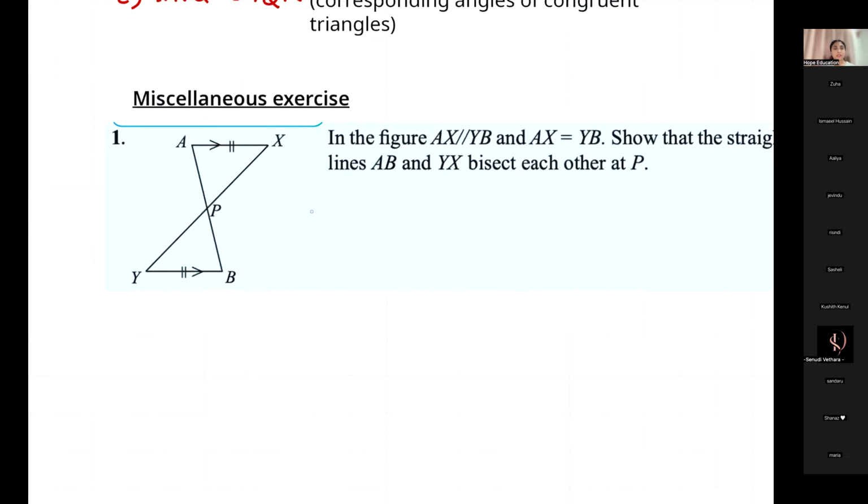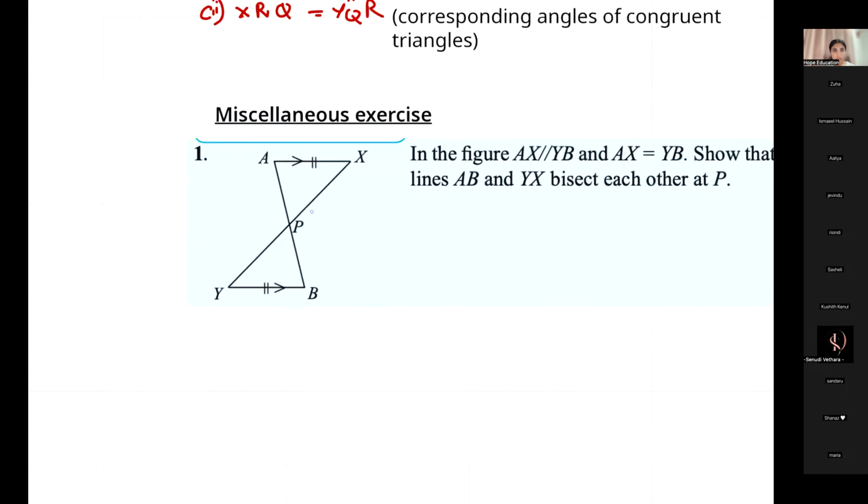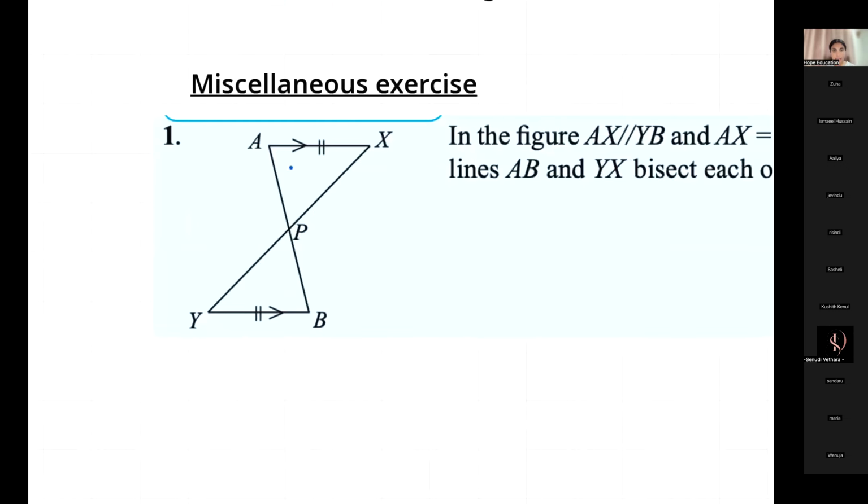Okay, no worries. So if you take this AB, they are saying to check whether AB is equally divided by P. Like AB is equally divided into two parts by P. And XY also equally divided into two parts by P. That's what they're asking us to show.